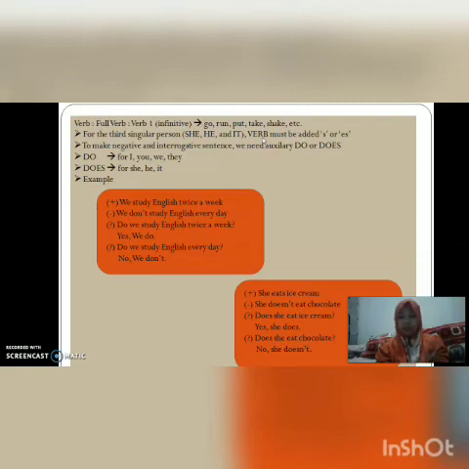And to make negative and interrogative sentences, we need auxiliary do or does. It depends on the subject you use in the sentence. If the subjects are you, we, they, you have to use do for the auxiliary, and if the subjects are she, he, it, you have to use does.